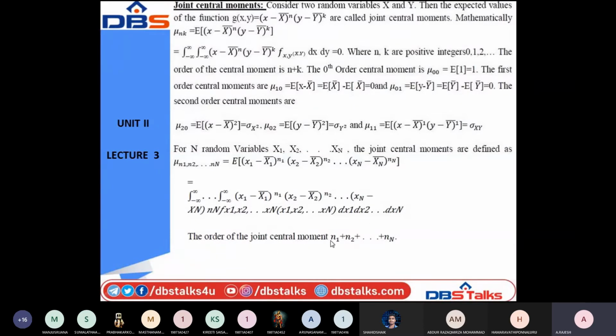The order of this n random variable joint central moment will be equal to small n1 plus small n2 plus so on small nn.